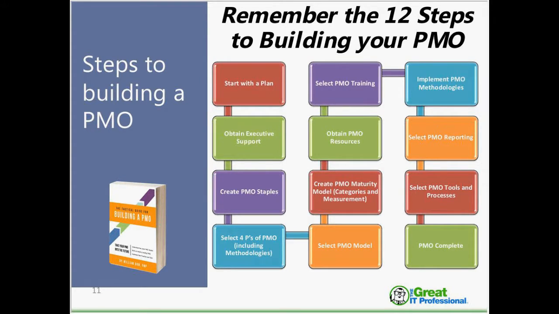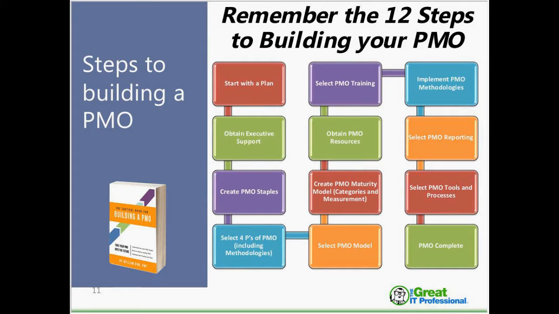We said start with a plan, attain executive support, create your PMO staples, select your 4 Ps of your PMO, which included your methodologies, portfolio, program, and project. Select your PMO models, which is controlling, directive. Create your PMO maturity model, which included your categories, your measurements.